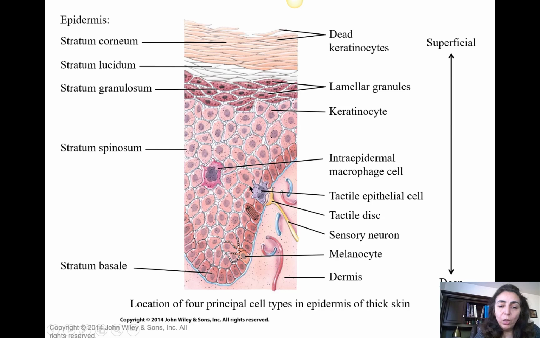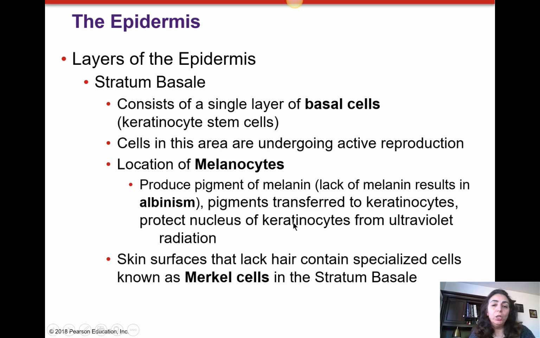And here you see a tactile epithelial cell, or Merkel cell, attached to the tactile disc, continuous with the sensory neuron. Now let's talk about each one a little bit more. The stratum basale consists of a single layer of the basal cells that I showed you.